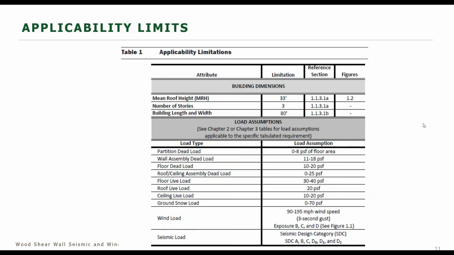We did see that we were able to apply some adjustments because our structure was less than that. You made a good point, it's mean roof height and not ridge height. Mean roof height is average grade to average roof height.